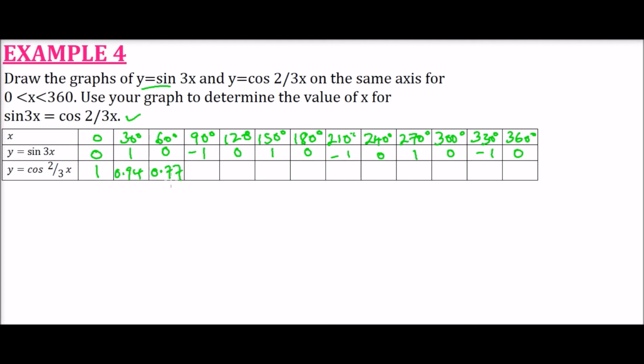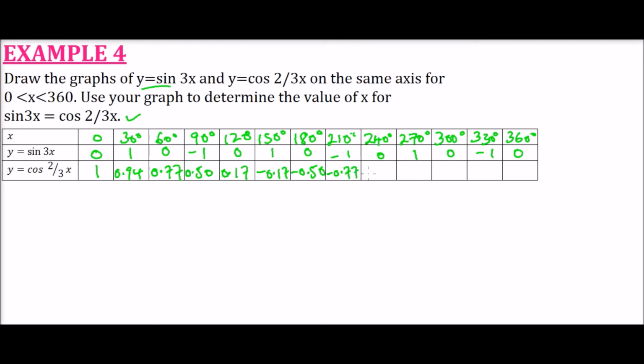Then we have 0.50. We have 0.17. We have minus 0.17. We have minus 0.50. We have minus 0.77.